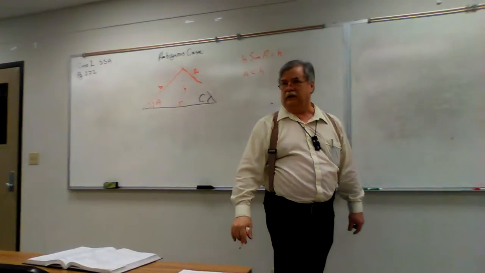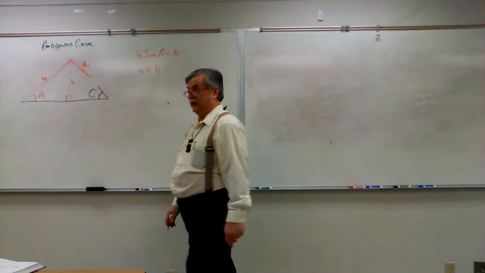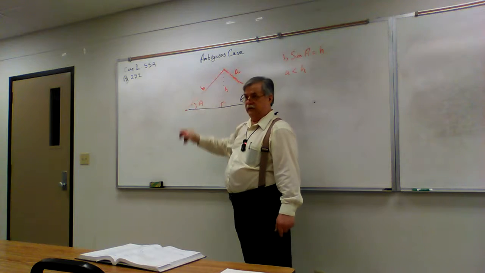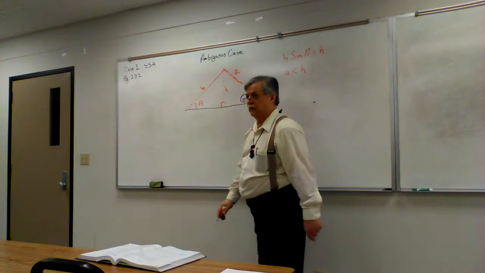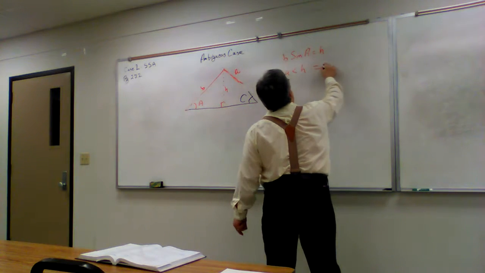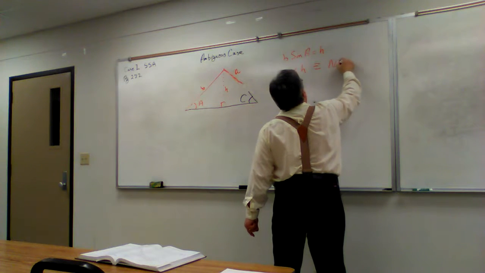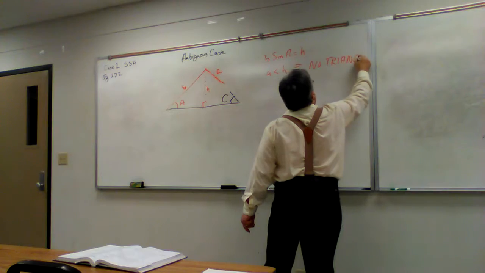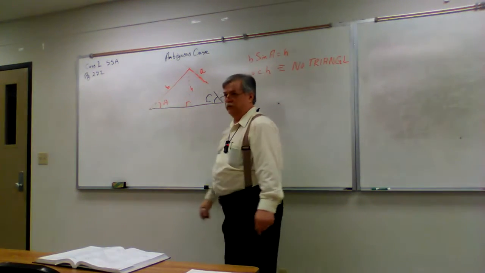And so the information tells us that no triangle can exist with this angle and these two sides. Right? Or no solution.